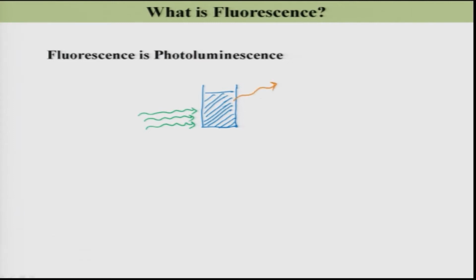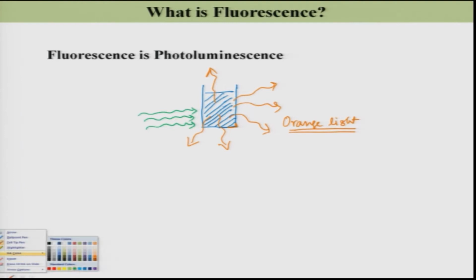So, this new light is coming out and this light will come out in all the directions, right. So, this new kind of light, that is this orange light, is only present when this system, right, here is your system, this particular system is irradiated with this green light, otherwise not.